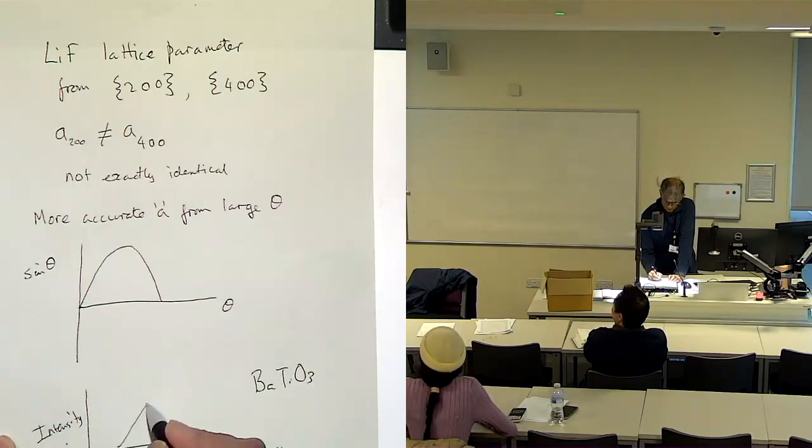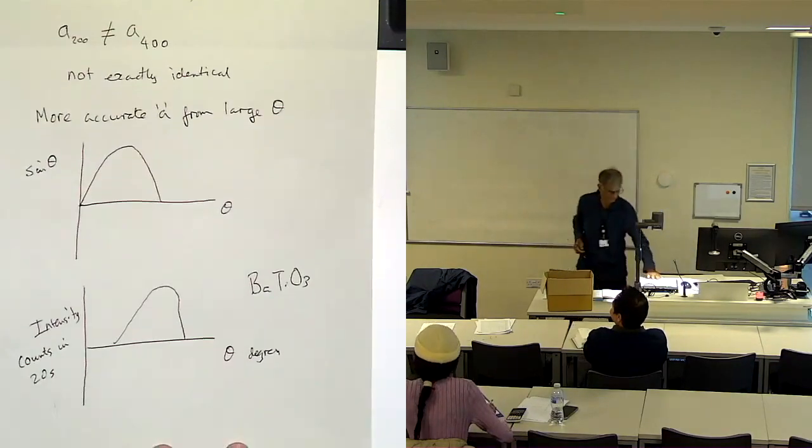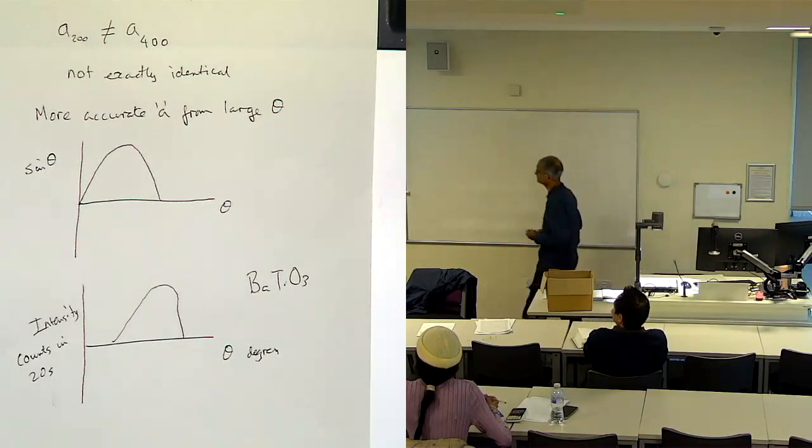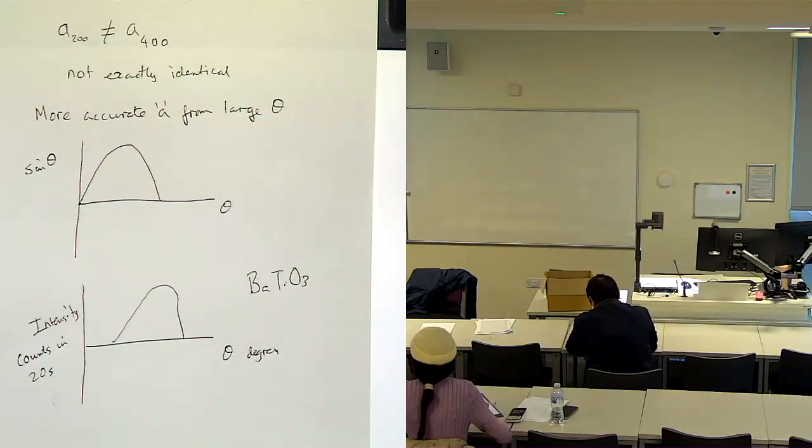But it was also asymmetric. I've kind of exaggerated it here. And the question was, what is the reason for this asymmetry? Bearing in mind that barium titanate, what you said earlier, is tetragonal. So what is the reason for the asymmetry?